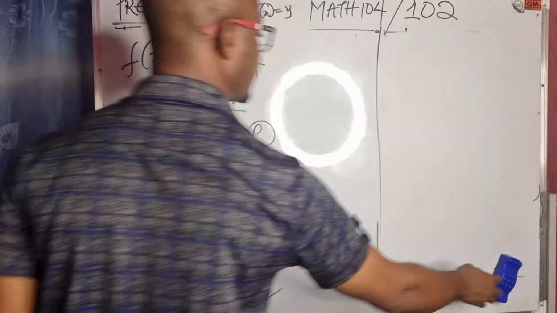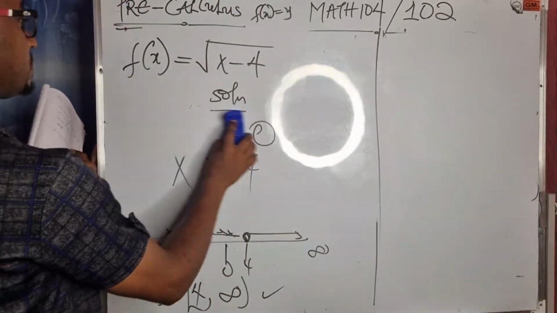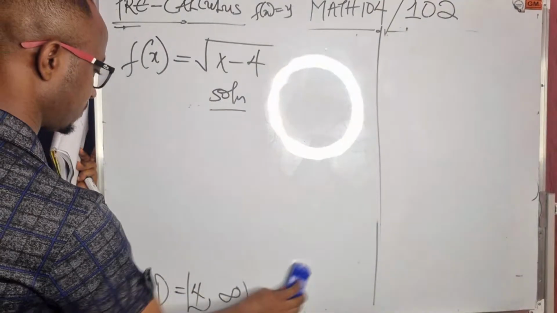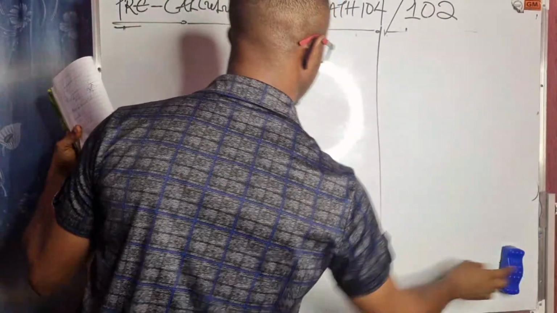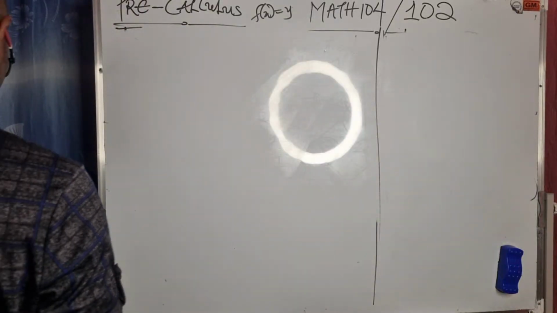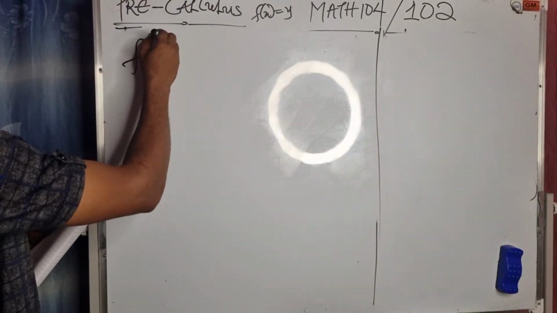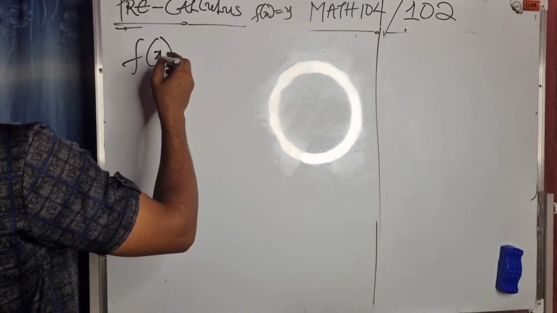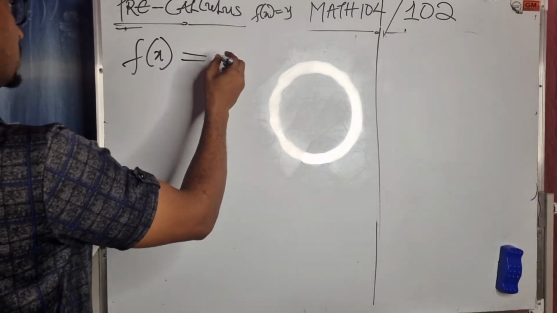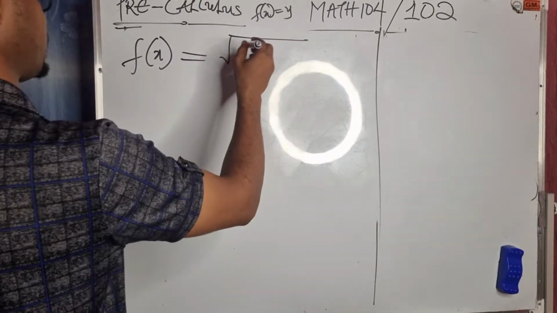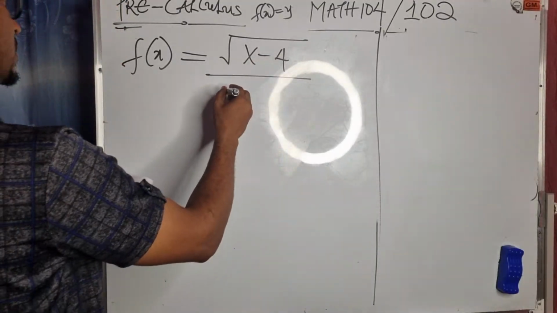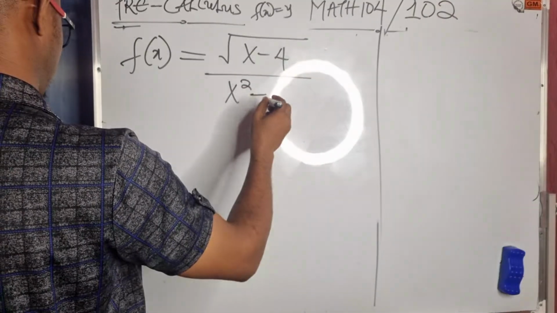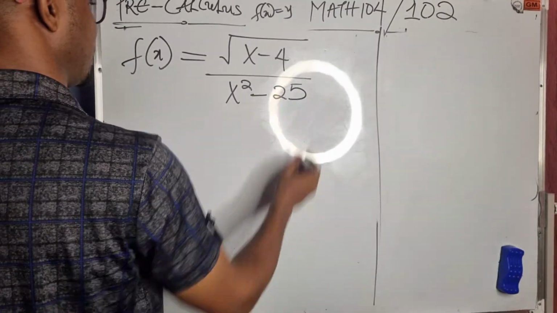Another example. We have a function that says f of x is equal to the square root of x minus 4 divided by x squared minus 25.